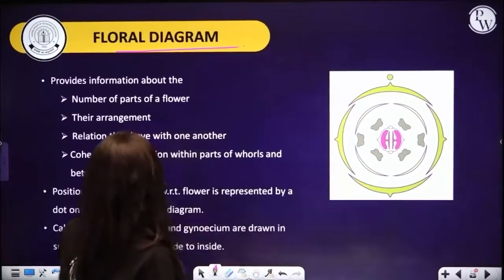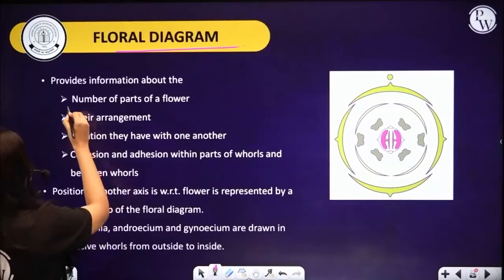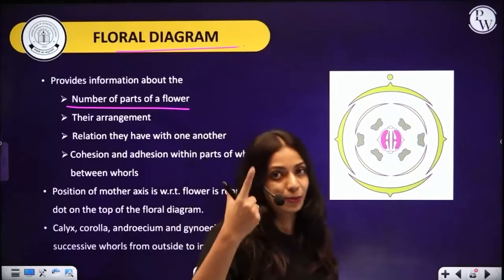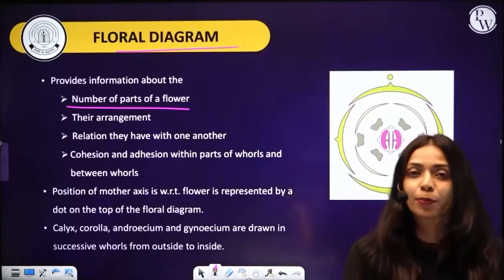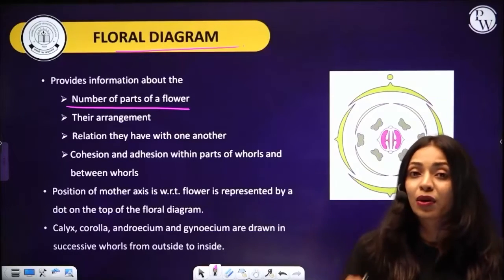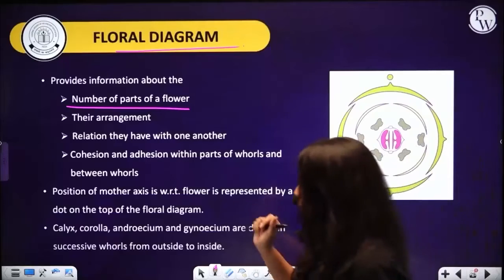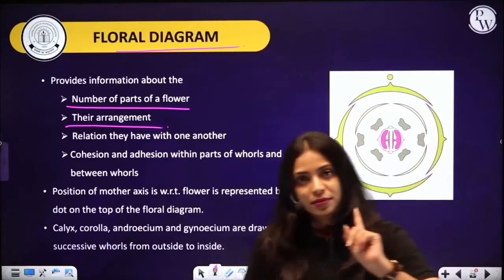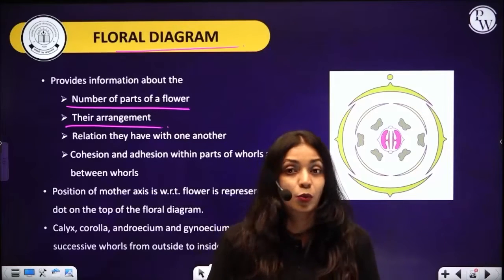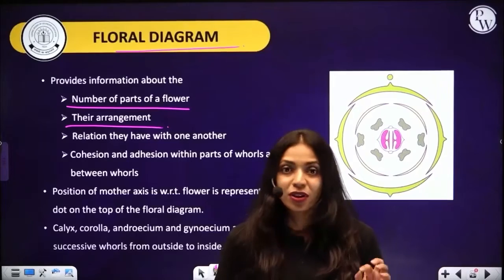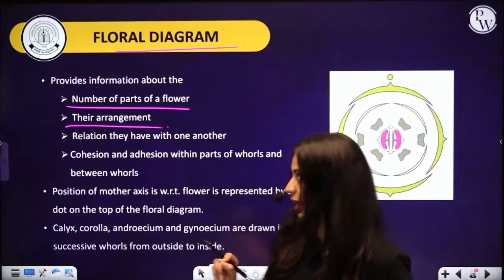For example, from the floral diagram, you can get to know about the number of parts of a flower. How many sepals are there, how many petals are there, how many stamens, how many carpels, all of that you can find out by just looking at a plant's floral diagram. Also, how they are arranged, whether the androecium is epipetalous, whether the sepals are fused, whether the petals are free, all of that you can find out from the floral diagram.